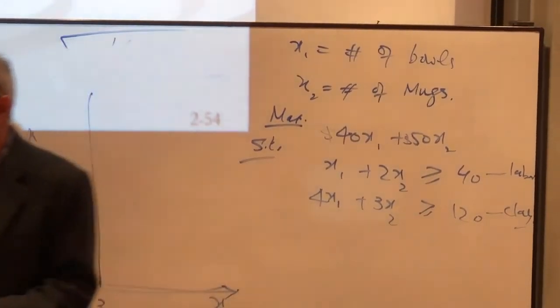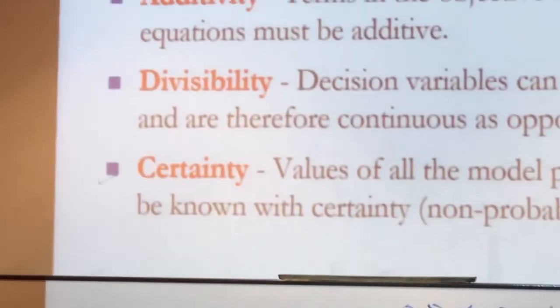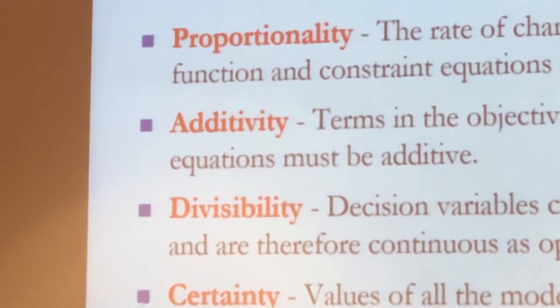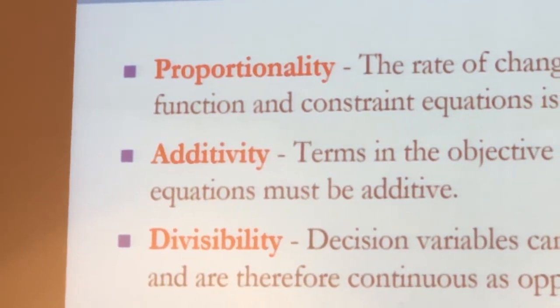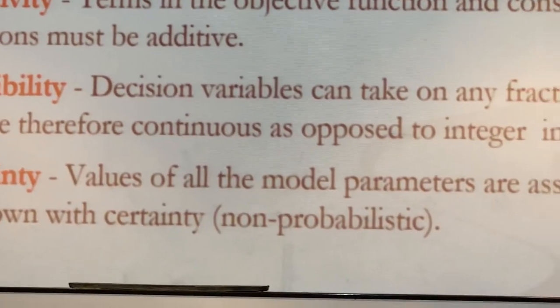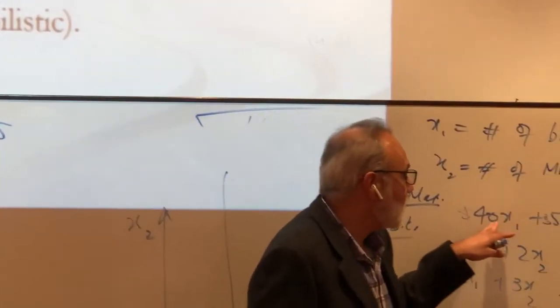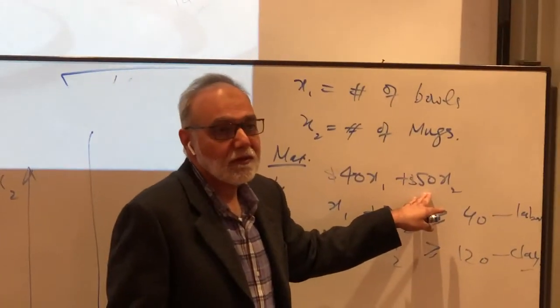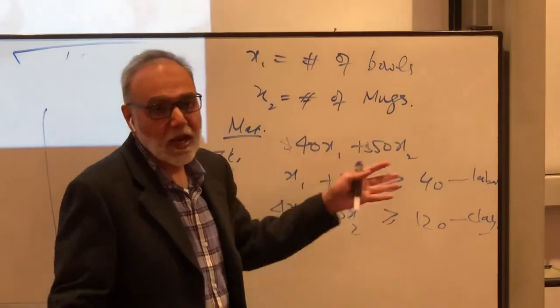The second property is additivity. Terms in the objective function and constraint equation must be additive. Again, you can see it is a linearity property. If you make one bowl and one mug, you will have 40 plus 50, 90 profit. You just add them.